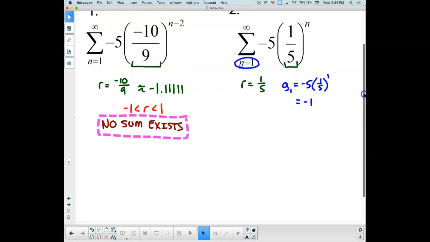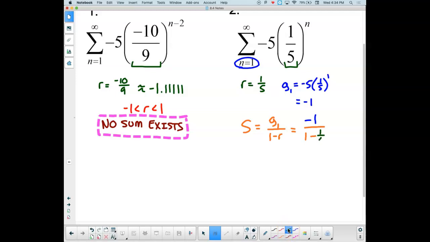Since our sum exists, and we've got our first term, the sum of an infinite series is going to be our first term divided by 1 minus r. Well, our first term is -1. We're going to divide that by 1 minus our r value, 1/5.